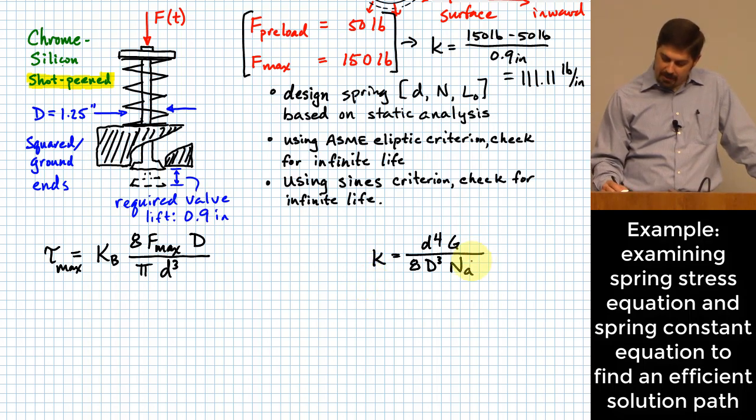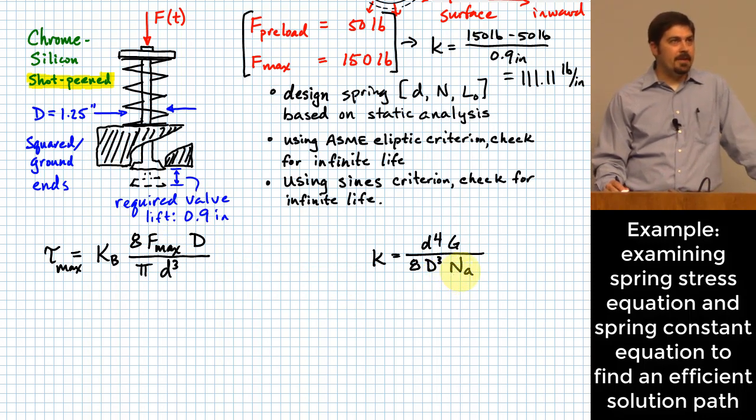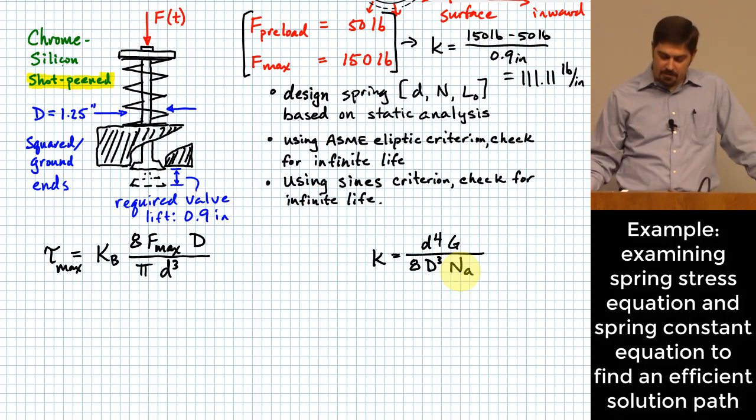We can actually go back the other way as well, and we can say this maximum force doesn't appear over in the spring constant equation, right? And so I just want to point out that a lot of times the process of figuring out which equation to start with is about looking at the things that you know and trying to use those values first, those equations first, the things that contain those items that you know.